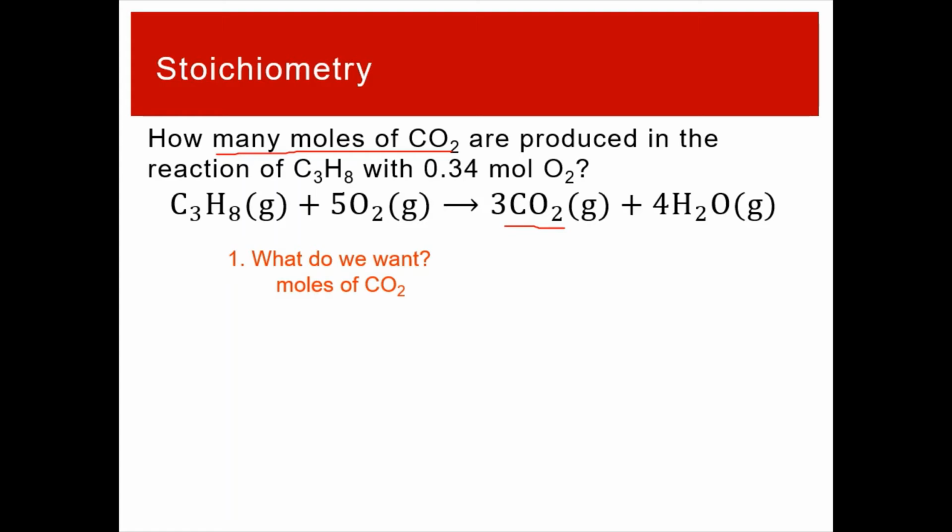So what we're really asking is basically, how much product am I going to get from the reaction of an amount of O2? We're starting with some amount of O2, which is a reactant. This sort of question is what stoichiometry allows us to do. I have an amount of reactant. How much product will I get out the back end? That sort of question is what stoichiometry is really going to allow us to do.